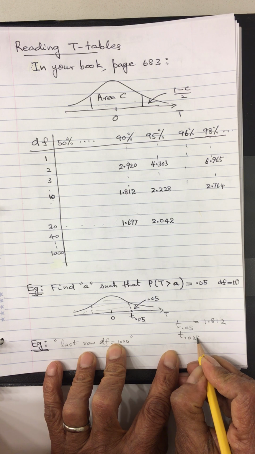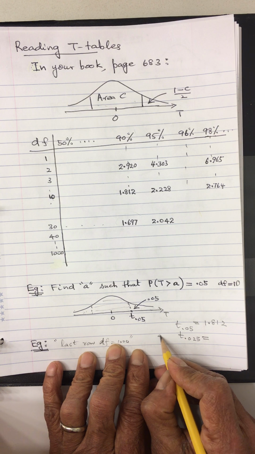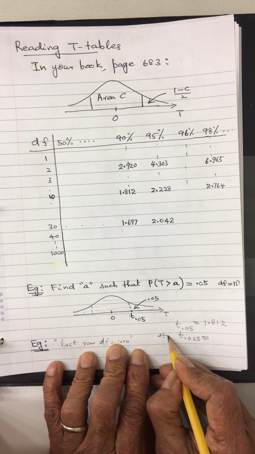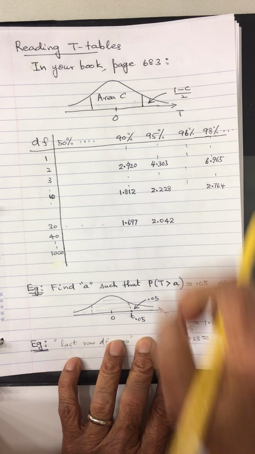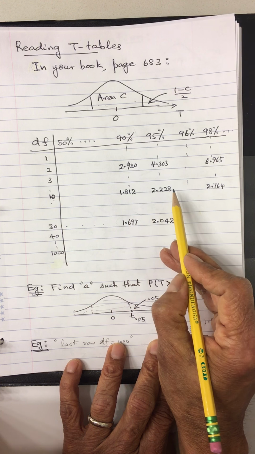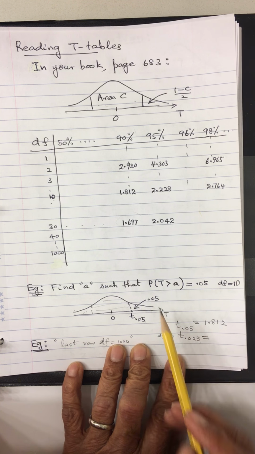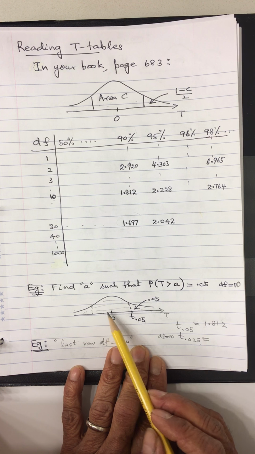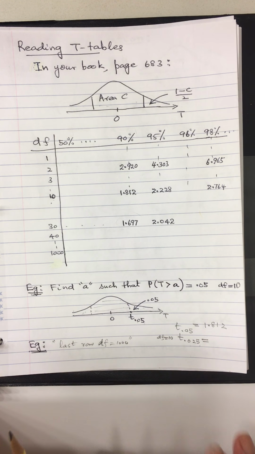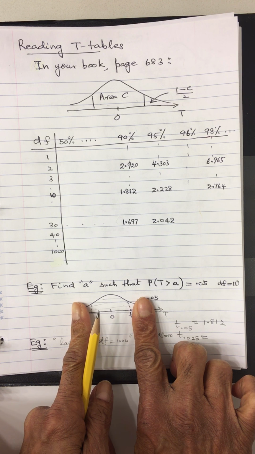Say, for example, for the same degrees of freedom, suppose you want to look at 0.025. Here I'm looking at the degrees of freedom still 10. The leftover part should be 0.05 on this side, so 0.05 here and 0.05 there, 5% outside.